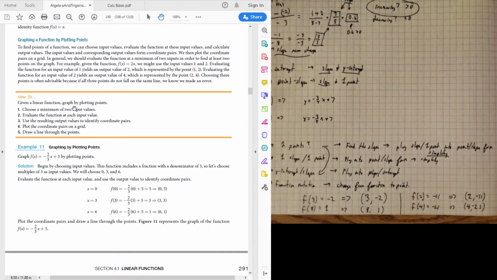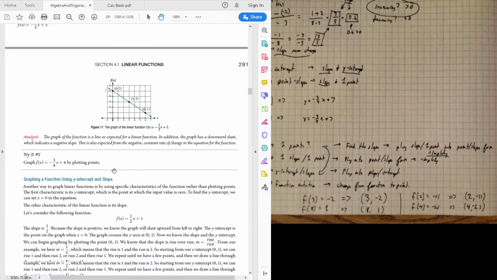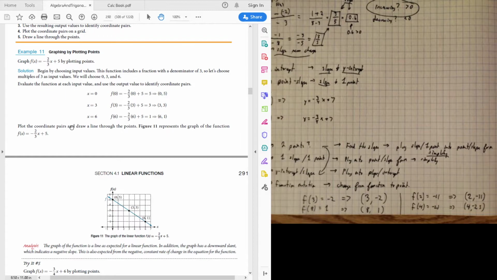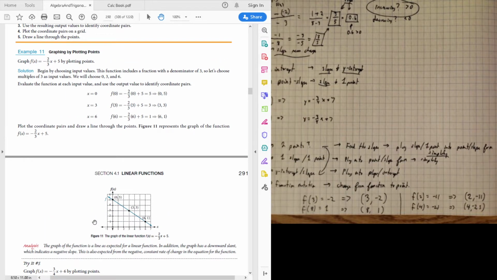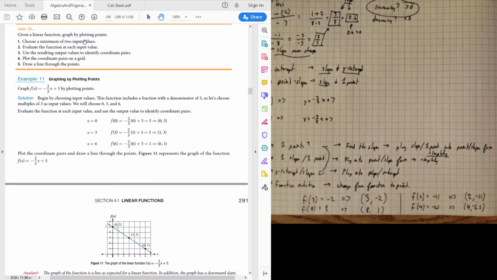Read through these steps. There are 2 very good examples here about how to go through that. And I will be working through at least one example on a homework section I will be posting on Saturday. Follow these steps. Notice the first step they do. Choose a minimum. So they chose a 0. Evaluate the function there.